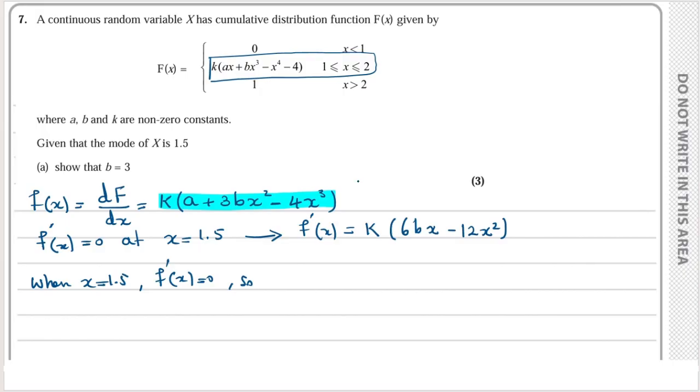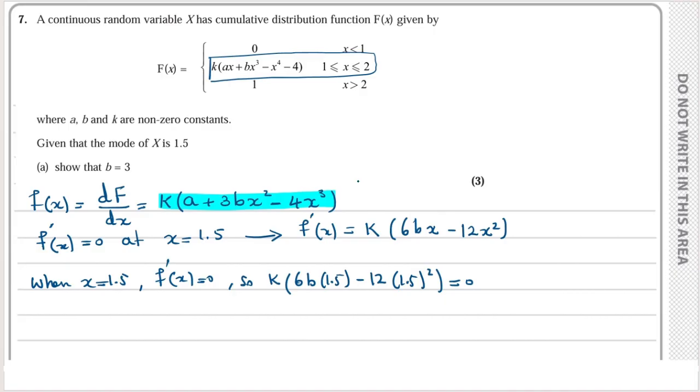So we substitute x equals 1.5 into the formula for f dash, and we get k brackets 6b times 1.5 minus 12 times 1.5 squared, and that's equal to 0. So we solve this equation and we find the value of b.